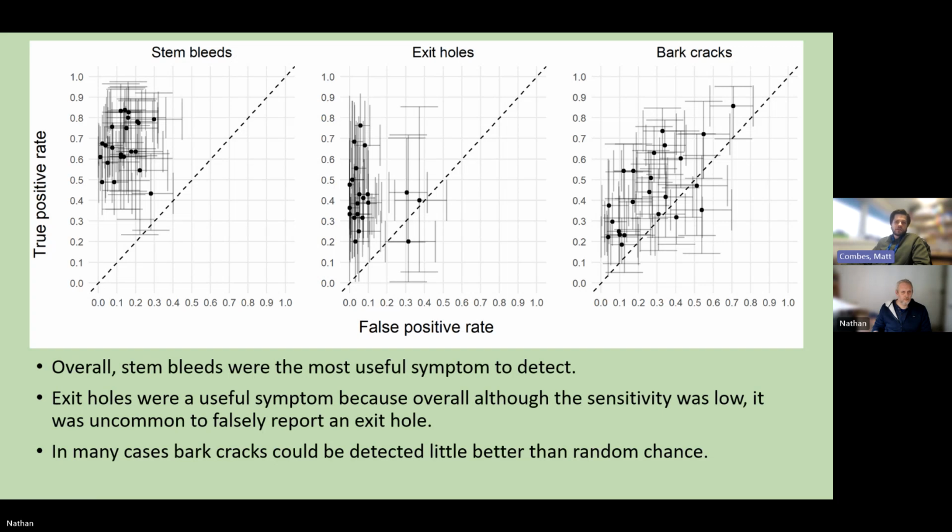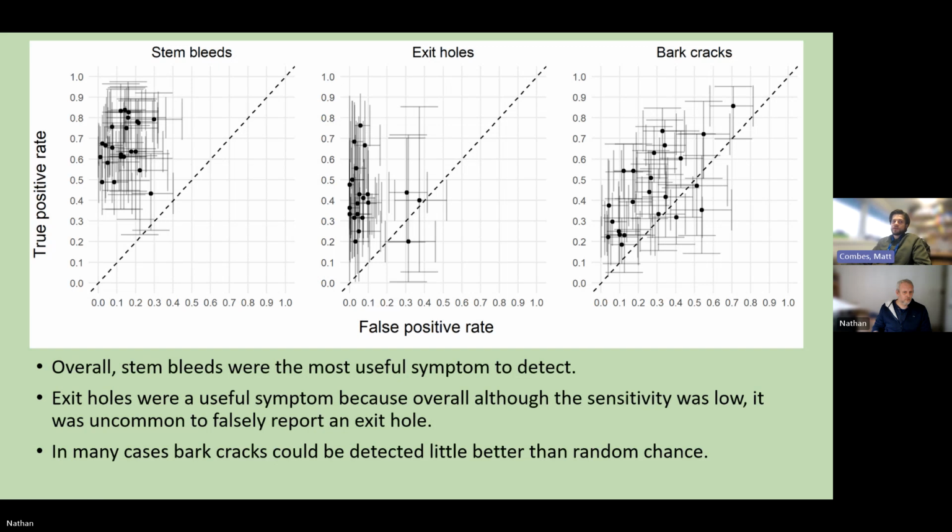But then, as you can see, the bark cracks are falling much closer to that dotted line. So for a lot of people, it was no better really than random chance, which is why when we did the surveys this year, we didn't do the bark cracks, but we looked at the 2 symptoms that had value in everyone surveying, basically.